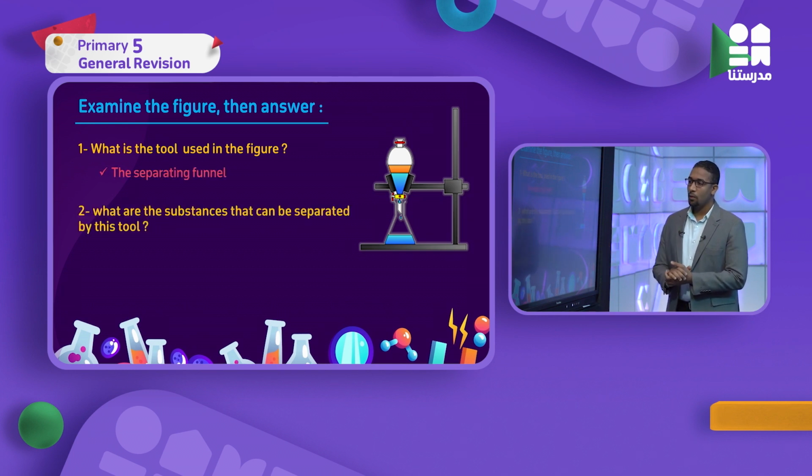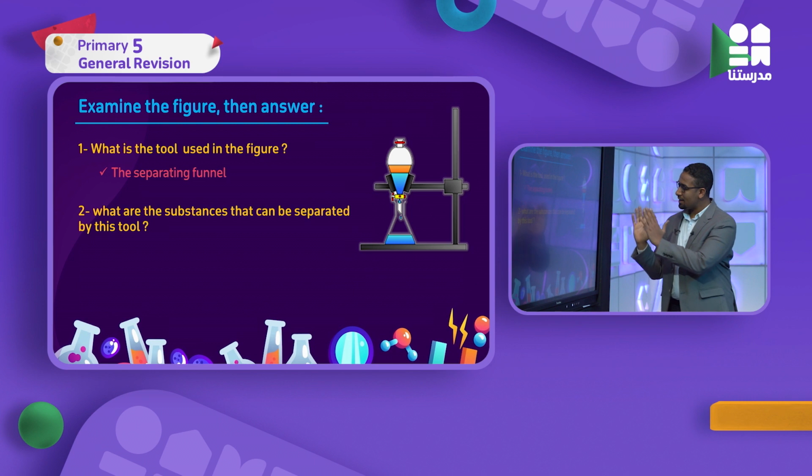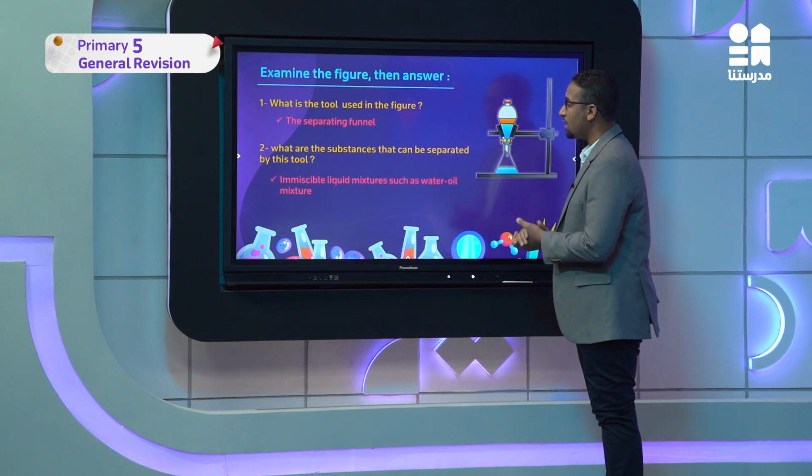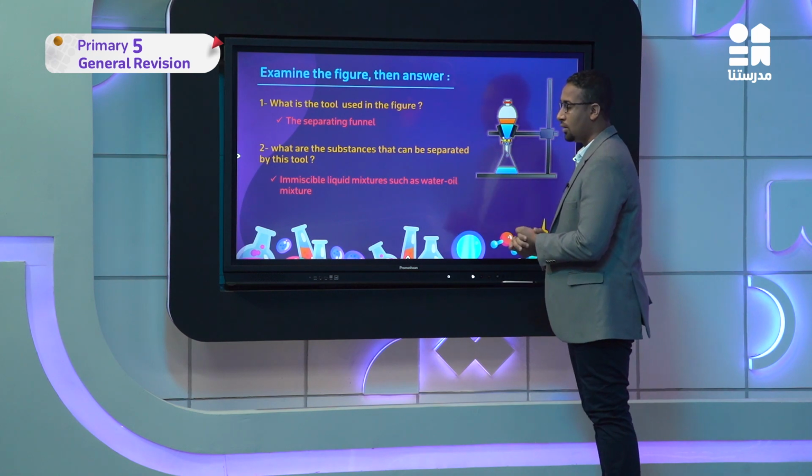Number 2, what are the substances that can be separated by this tool? So by this funnel, we can separate what? Both are liquids, we can separate liquids, but we have to mention the kind of liquid. We can separate immiscible liquids, a mixture such as water and oil.